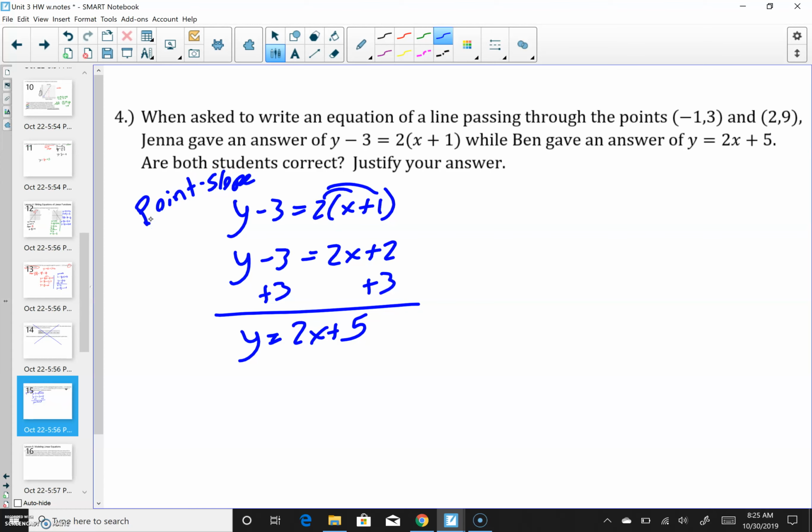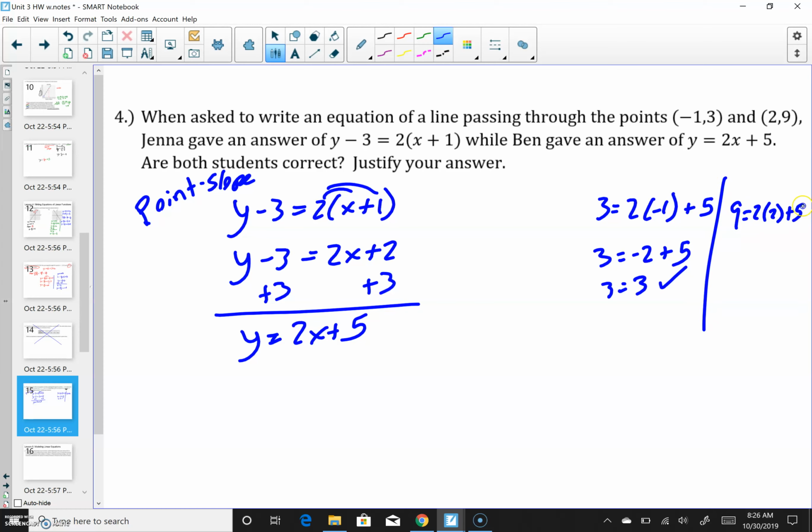So we know they came up with the same exact equation, and like I said before, we're just going to quickly verify that both of those points work. So you get -2 plus 5, you get 3 equals 3. So that point checks out. And then 9 equals 2 times 2 plus 5. 2 times 2 is 4 plus 5, and that gives us 9 equals 9.